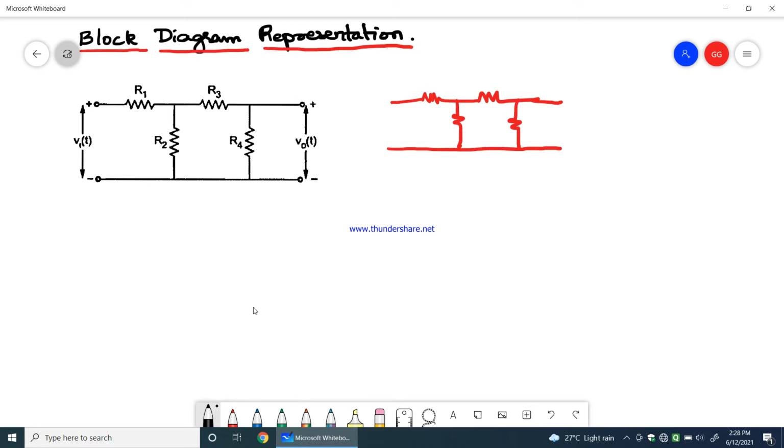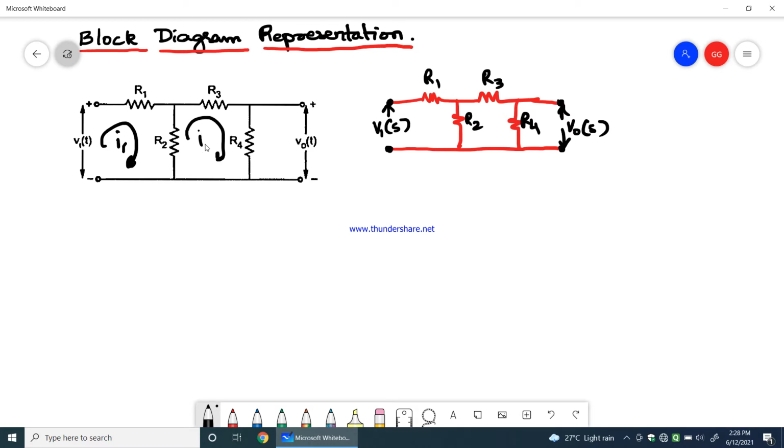Here this would be V1 of S, this is R1, R2, R3, R4, and this would be V out of S. Now, because we have two different meshes here, I'll take I1 and I2 as the two mesh currents.